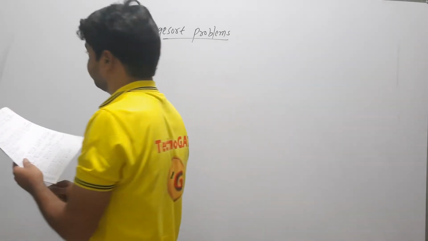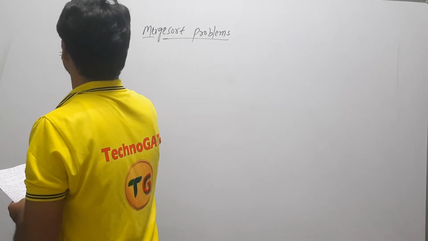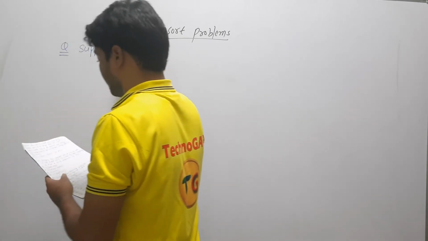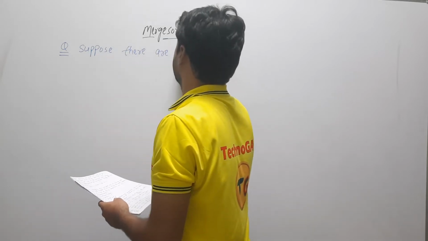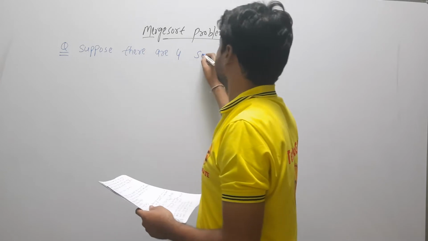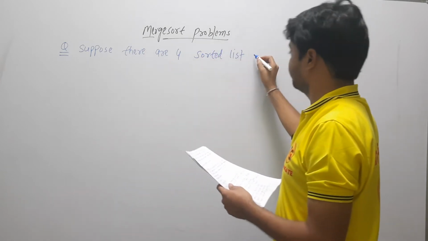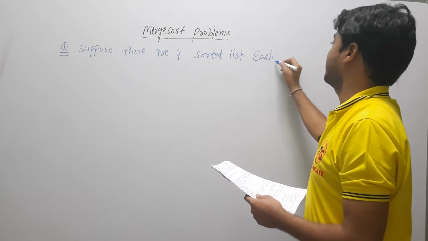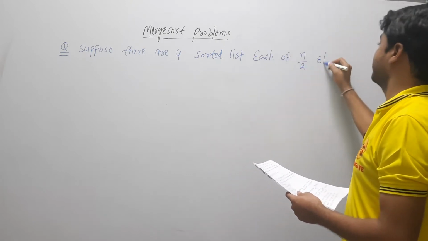So here, suppose there are four sorted lists, each of n by 2 elements each.